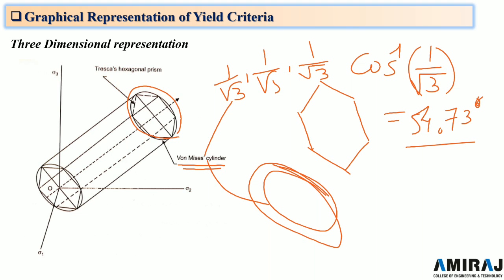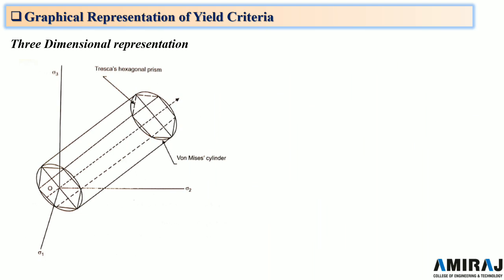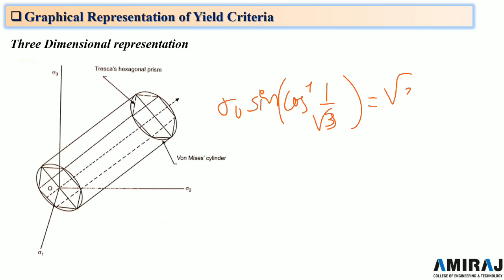The radius of the von Mises cylinder on the plane perpendicular to its axis is given by the equation sigma 0 sine of cos inverse 1 upon root 3, which is equal to root 2 by root 3 sigma 0, which is equal to root 2 k.